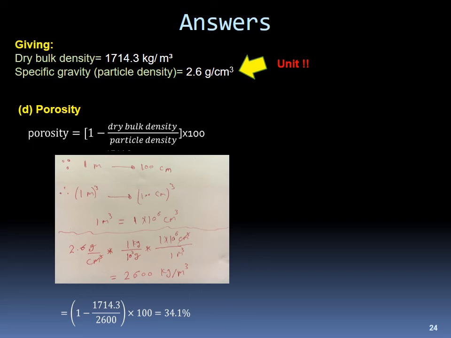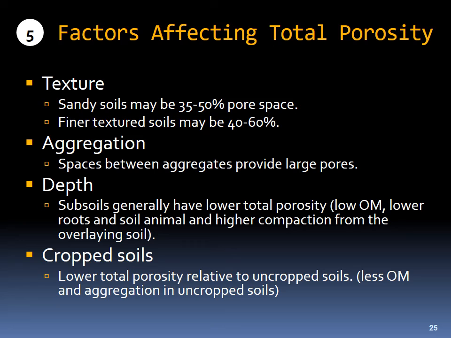As you can see in this example, 1000 gram in 1 kilogram, and 1 meter cube has a million centimeter cube, and then you cancel everything, and you get the particle density as 2600 kilogram per meter cube. Now you don't have any problem with the unit, you can just use them directly: 1 minus the bulk density divided by the particle density times 100, and that would give you 34.1%.